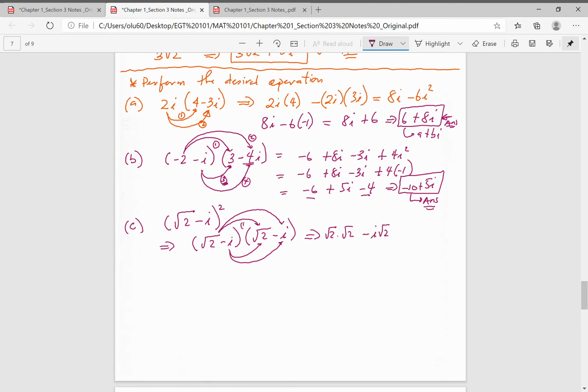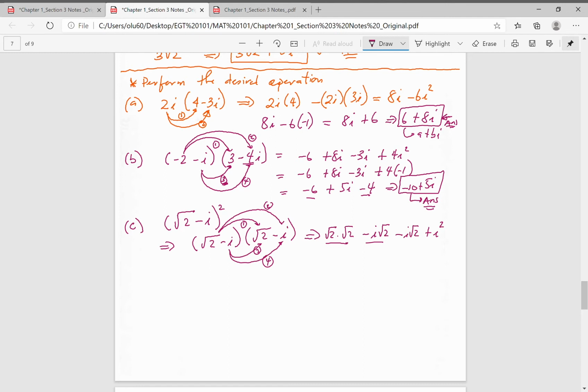And this is 1, this is 2, this is 3, and this is 4. So this is the 1, this is the 2. And then for the third part, we're going to get negative i root 2. And then for the fourth part, we're going to get negative times a negative is a positive, positive i squared. Okay?